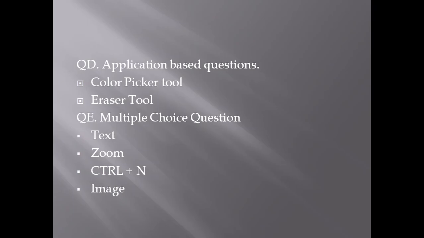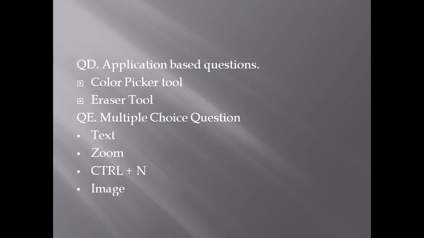The shortcut key combination to create a new file is Control N. And the flip and rotate command is in the dash group: it is in the image group, right? If you remember the tabs and groups, the flip and rotate command is in the image group.